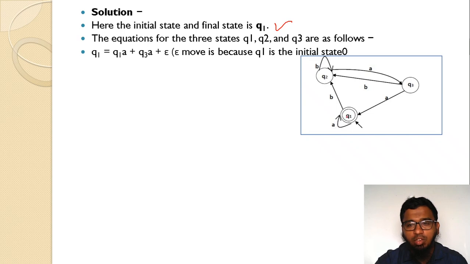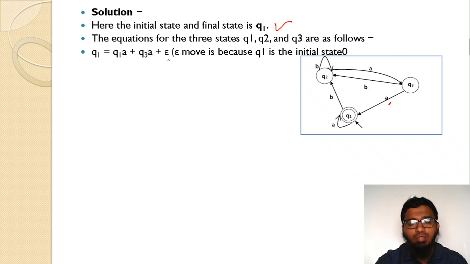This A is coming to Q1, so Q1A plus. Is anyone coming from Q2? Is Q2 on anything reaching Q1? No. From Q3, is anyone reaching? Yes, A is reaching. So Q3A and plus epsilon.